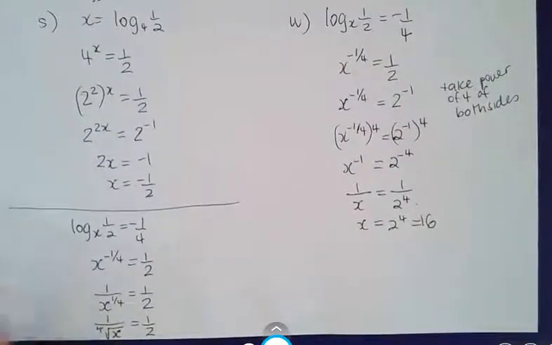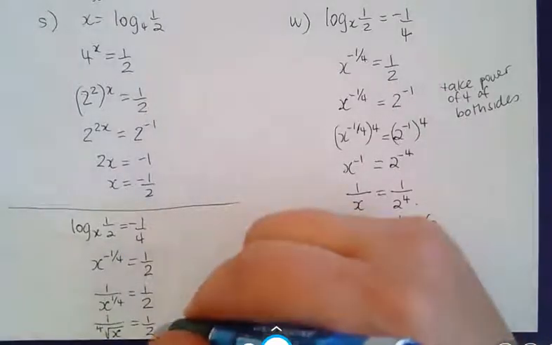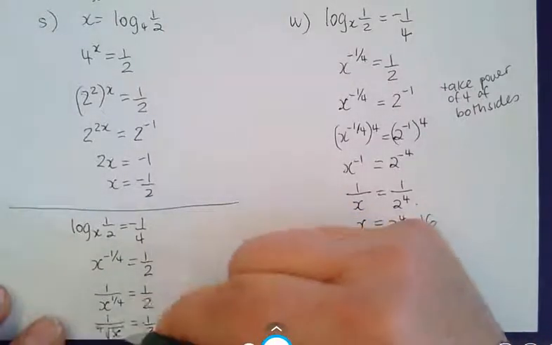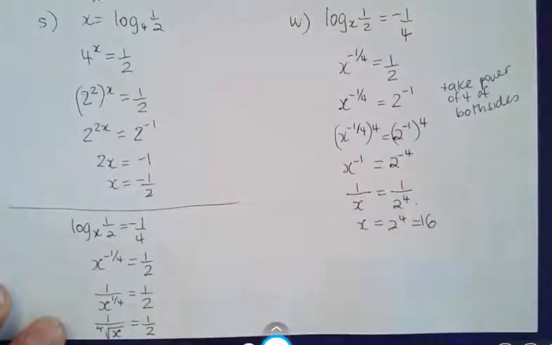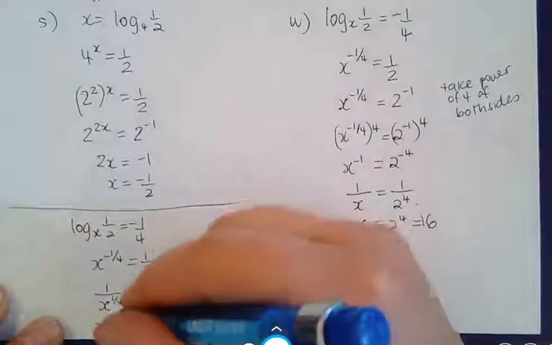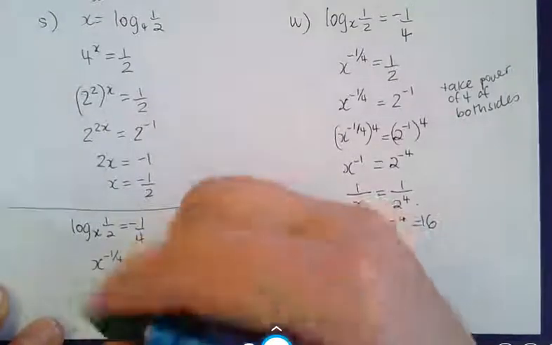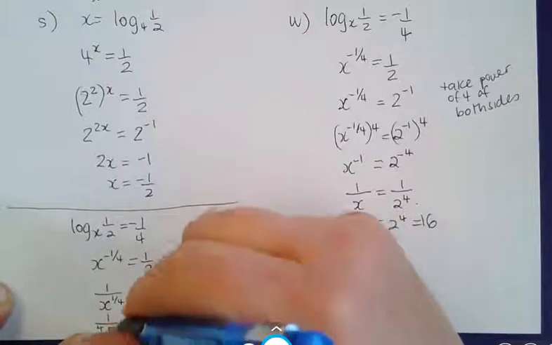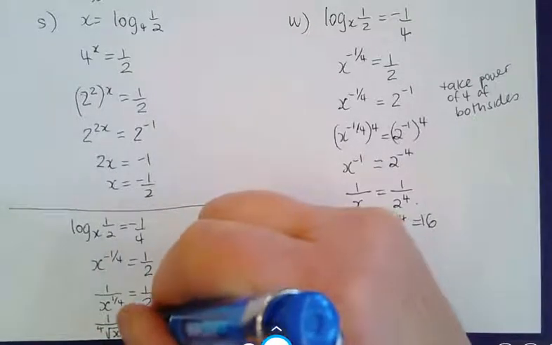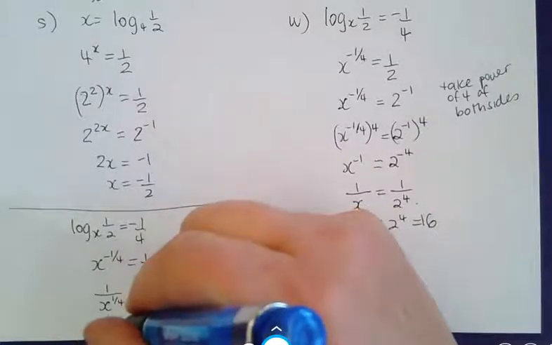Now, all you're doing here is 2 times 2 times 2 times 2 is 16. So the 4th root of what gives me 2? What number multiplied by itself 4 times gives me the number under here? So 2 multiplied by itself 4 times should give me the number under here.